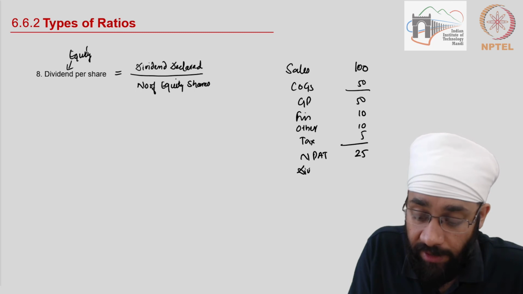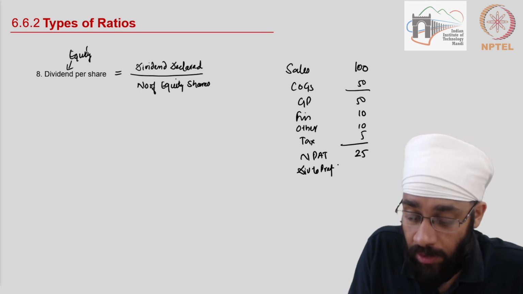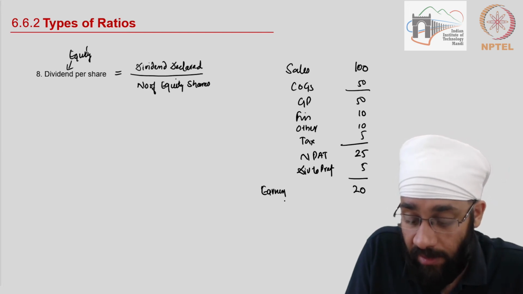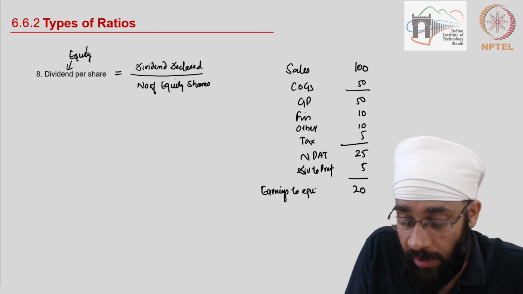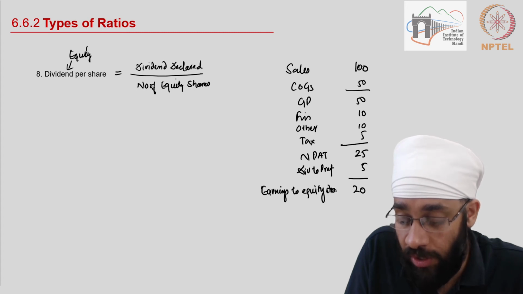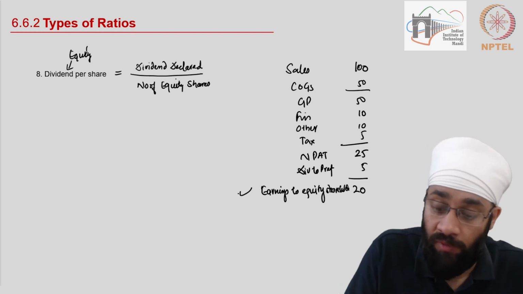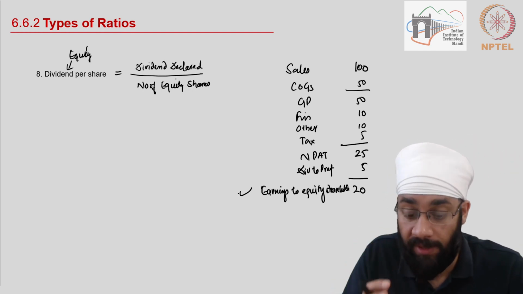Then you pay dividend to preference, 5, and then you are left with 20. This is what we termed earnings available to equity shareholders. Remember this, we are going to do this many times over, so you better have this format in your mind.